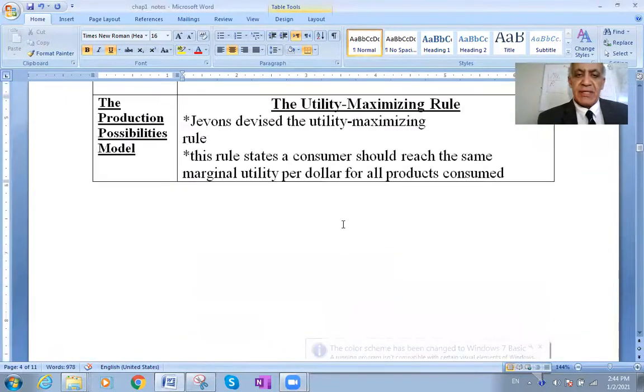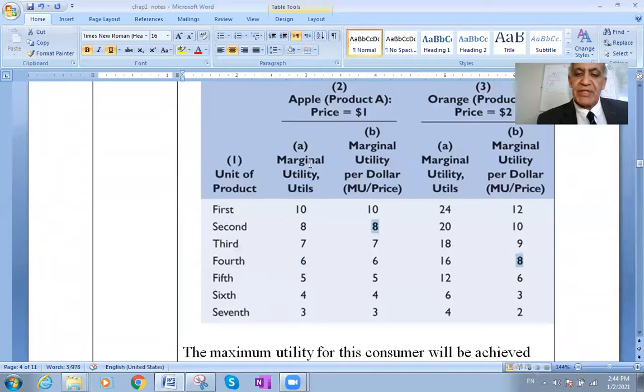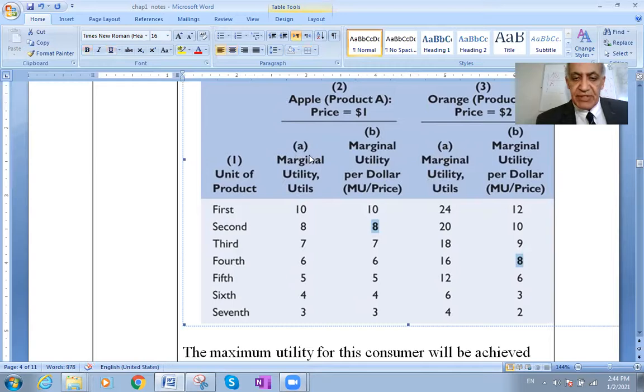The topic is the utility maximizing rule. We will have the marginal utility for product A and the marginal utility for product B. These will be given, and we will divide them, as we will see now in this example.